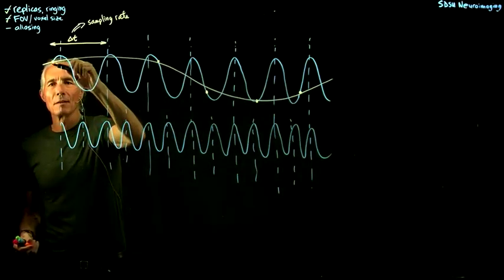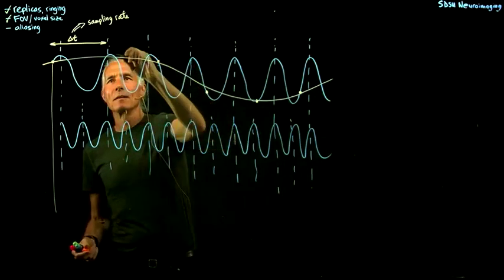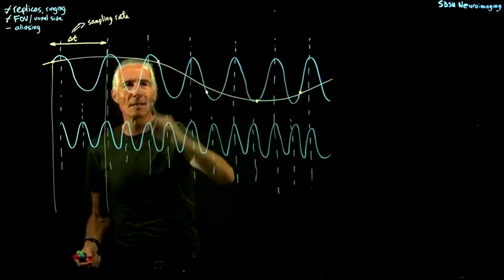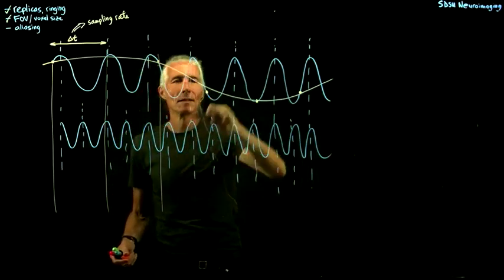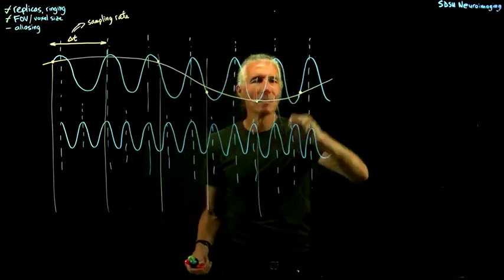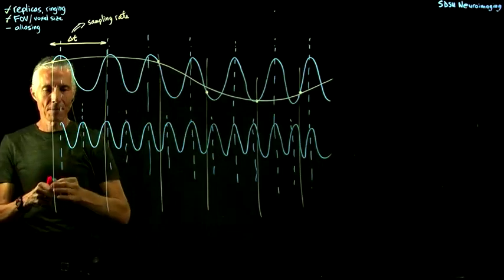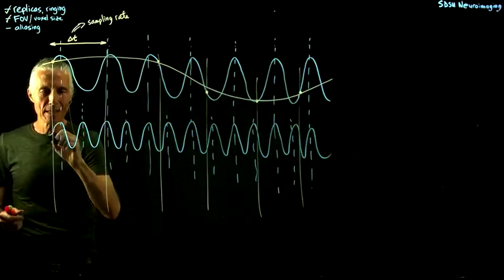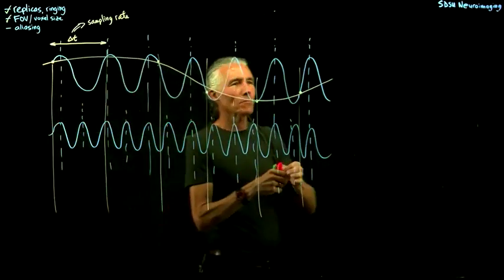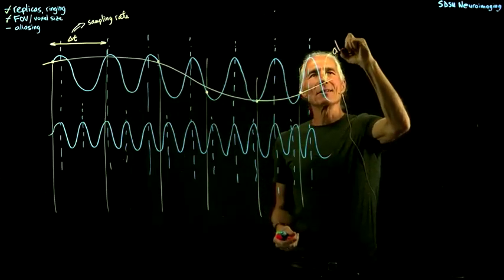I have to draw the sampling interval in there. This one was right on the money. If we sample this guy, what's going to happen? Now we'll get another aliased signal. This thing is called an aliased signal.